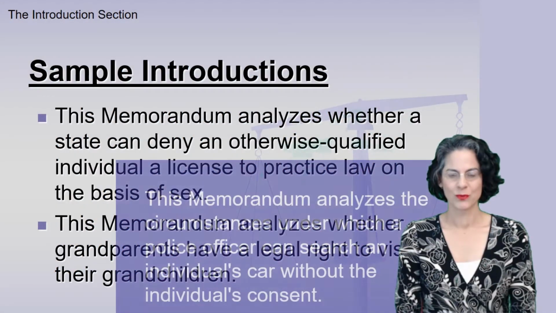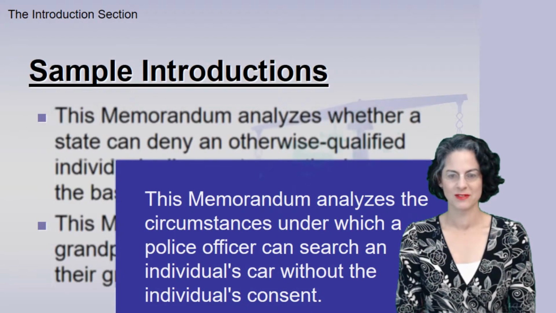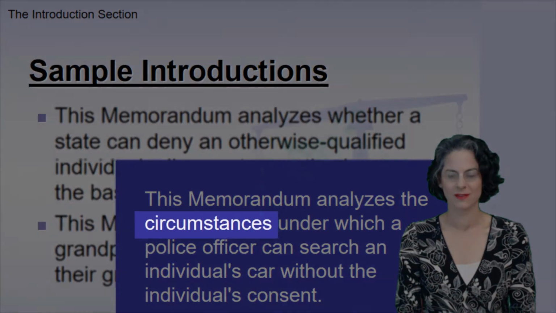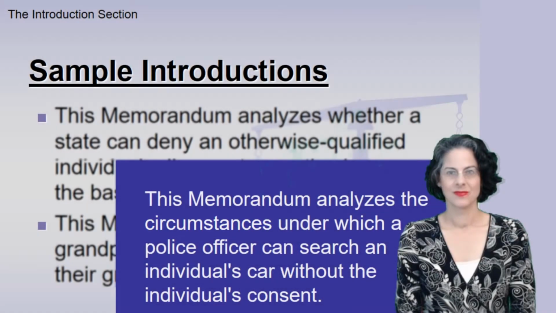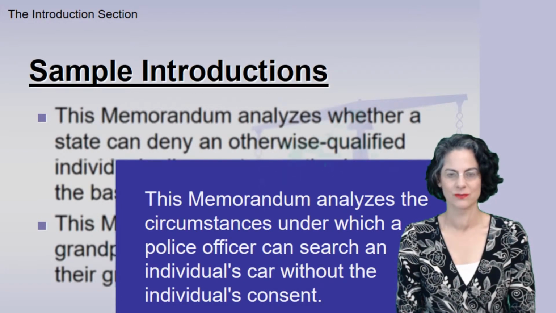In our third example, we see again that it's short, that it has no party names, and that there aren't too many details about the case. I use the word circumstances instead of referencing the specifics of the lawsuit. On the other hand, I give enough facts that the reader knows why this case has turned into a lawsuit.